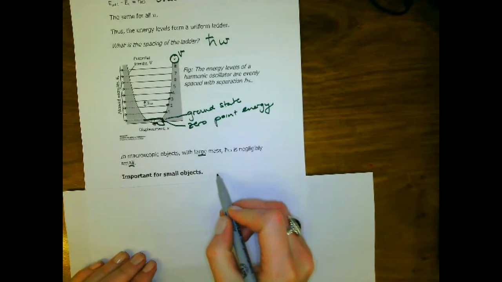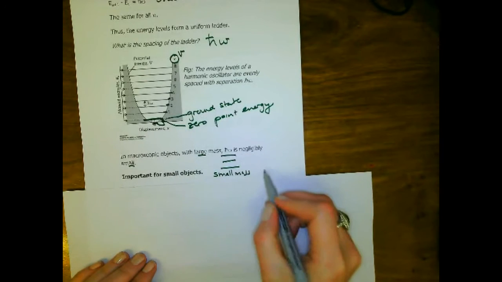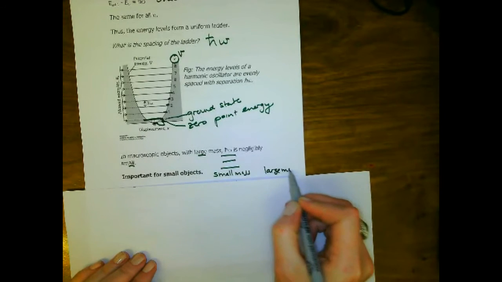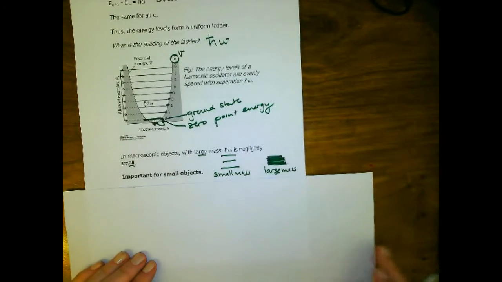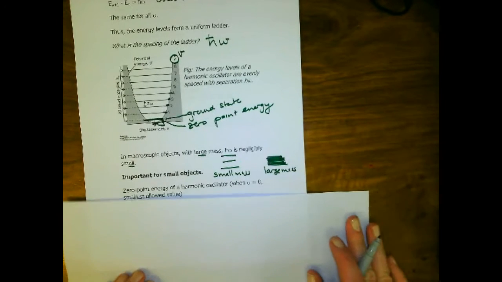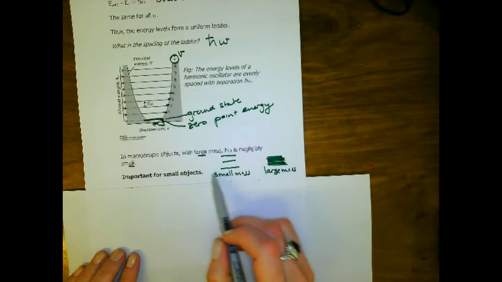So for a small mass, the spacing is significant, but for a large mass, the spacing becomes insignificant. So again, the spacing is important for small objects, which is true for quantum mechanical objects, microscopic objects, and not the macroscopic world that we live in.